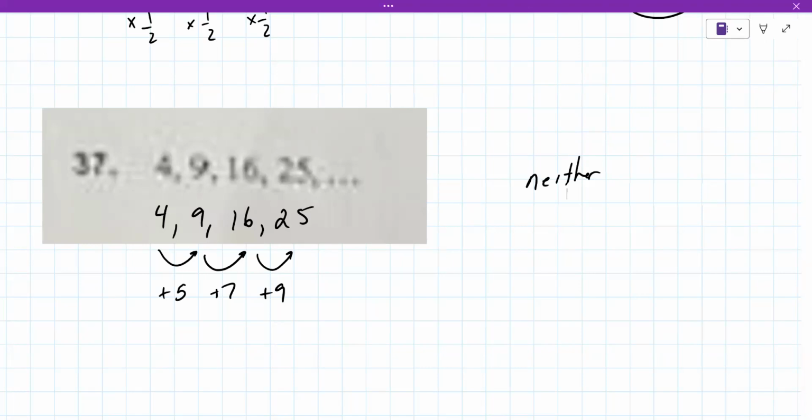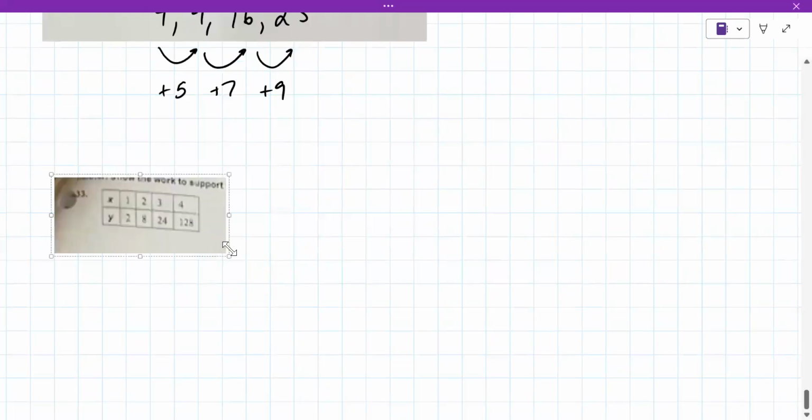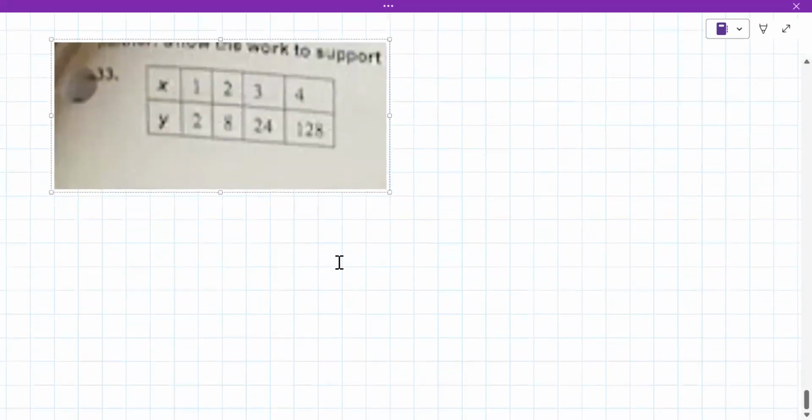All right. Let's take a look and see what else you've got here. So for 33 and 34, it's kind of the same situation as what we've just been doing. You have to determine whether it's going up or down by a constant amount.